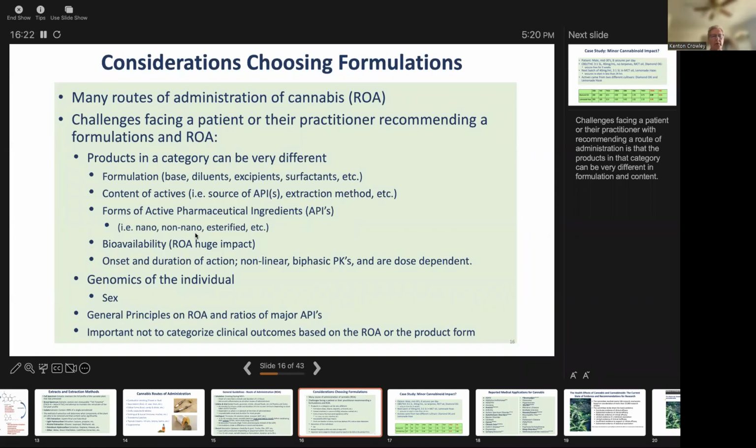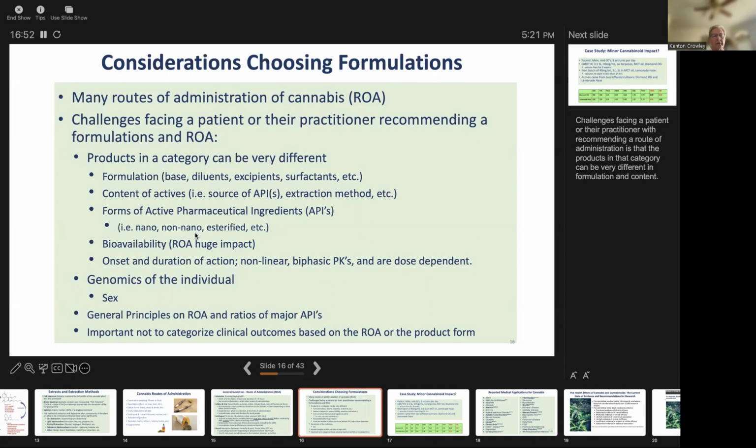You know, a typical oral dose of an oil-filled CBD 25 milligram capsule will be around 16%, but you can increase that bioavailability, changing it chemically or mechanically by making it a nano particle size to greater than 90%.